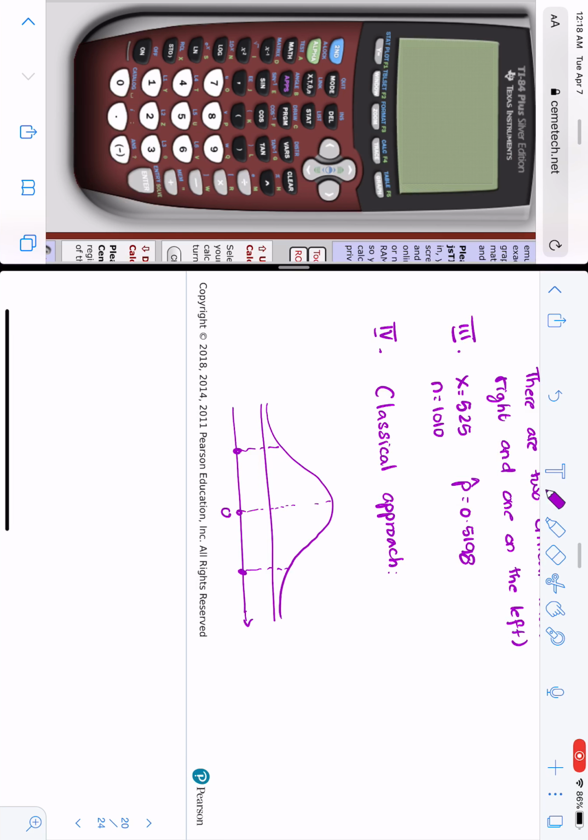But mind you, the area under the curve here is alpha over 2. The area under the curve there is alpha over 2, which in this problem is 0.05 over 2. We get 0.025, which would be the same on the other side.